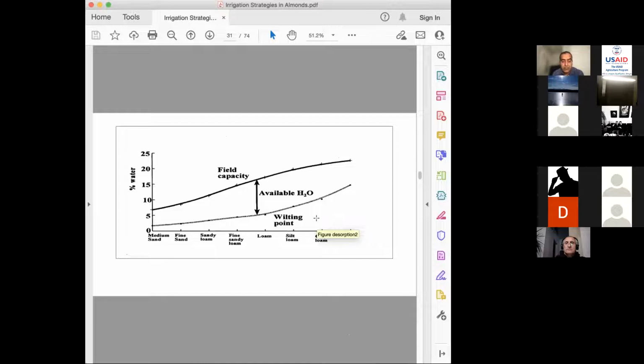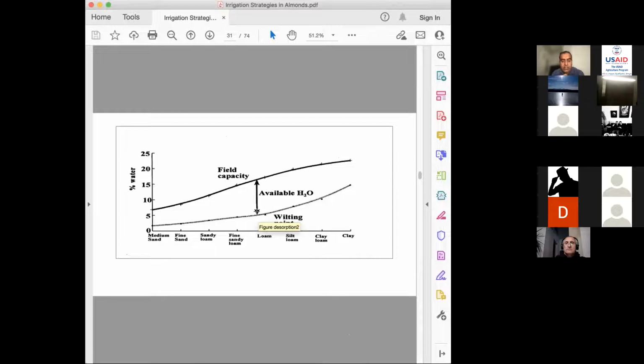That will be the wilting point, where your trees are so much stressed that it cannot come back from that stress. We do not recommend to go all the way to that. The available water between the field capacity and wilting point is the water that is available in the soil.